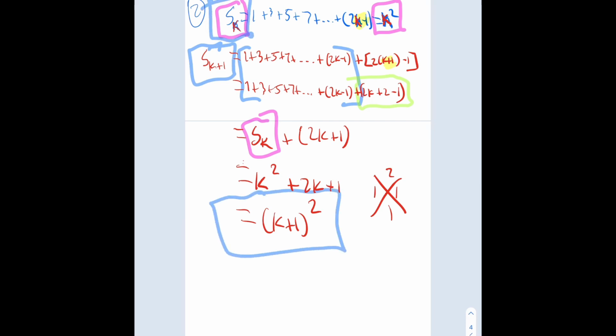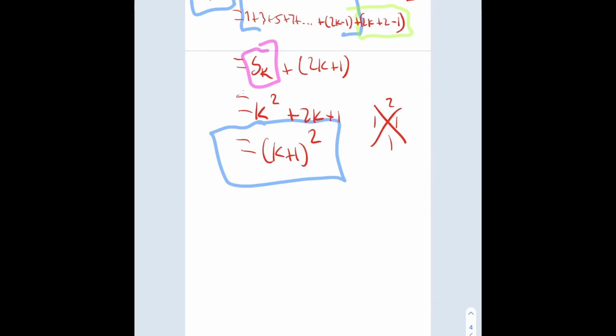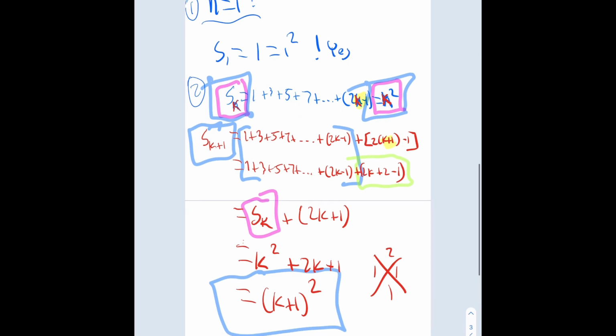We wanted to prove that the next term has the same form as up here. So we did it. We used mathematical induction to prove that this is true. So part 2 is true as well.